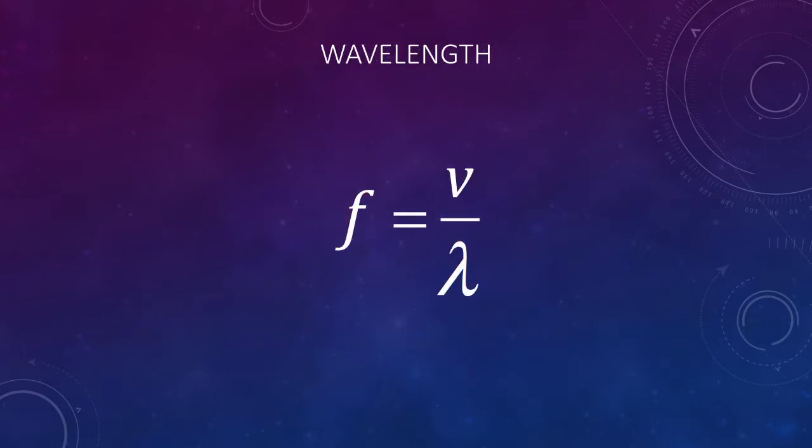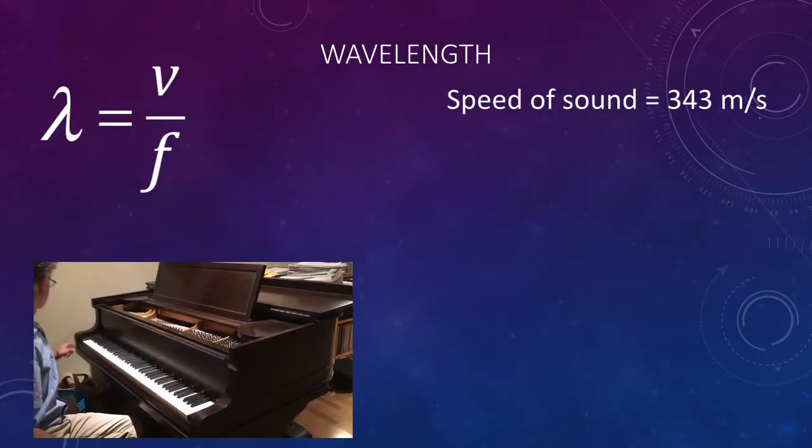Let's get a little feel for wavelength. With a little algebraic manipulation, we get wavelength equals velocity over frequency. We said the speed of sound in air is 343 meters per second. The lowest note of a piano has a frequency of 27.5 hertz.